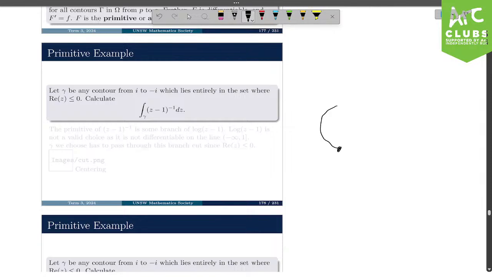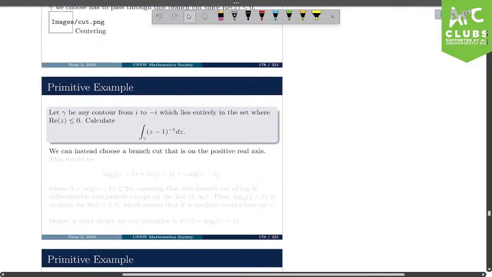We could actually determine the integral between the two, but that is a little boring. So instead, we'll just think about, okay, what is the antiderivative to this function? And then how can I do that from i to minus i? So from here to here. And so the antiderivative of 1 over z minus 1 is just going to be log of z minus 1, and I'm going to evaluate that between i and minus i.